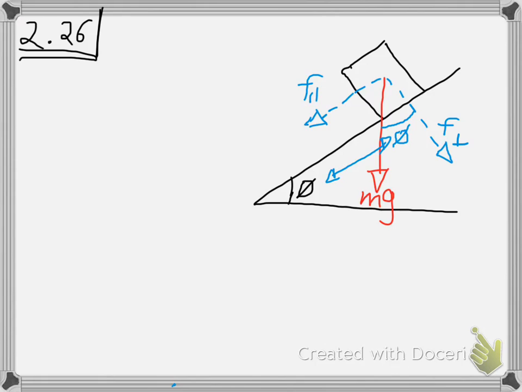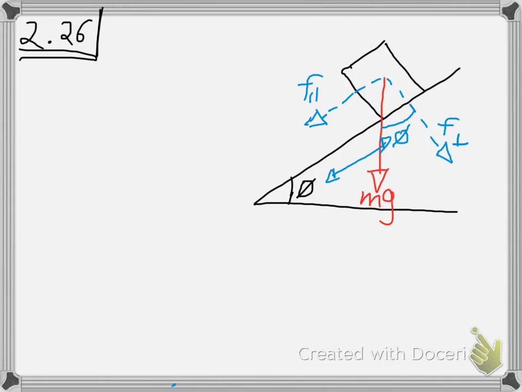So part A of this question basically asks you to find the coefficient of static friction between the block and the plane. The block doesn't slide until the incline is made steeper and steeper, and it slides at 38 degrees.